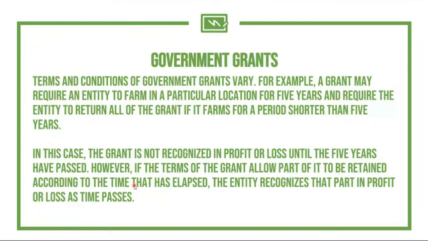So every period, you can recognize a debit to biological asset, 4 million, and credit income from government grant, 4 million. Every year you have 4 million, and after 5 years, you will have 20 million already. So that's how it works. It depends on the condition. It's either all or nothing, or partial recognition.